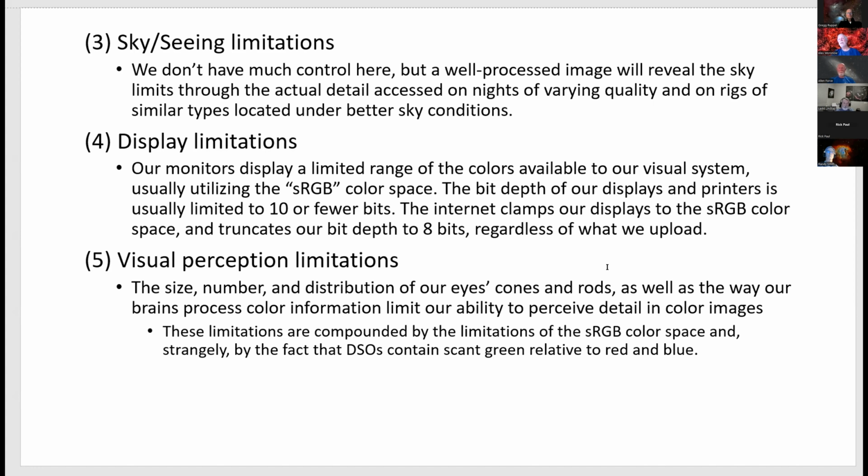For instance, and I may have this for another talk at another time, here's something you can do. You can take one of your RGB images and extract the L, then make the L the red channel of a colored image, so all the L data is now red. Then make all the L data blue, and all the L data green, and then blink the three and see which one you think has the most detail.